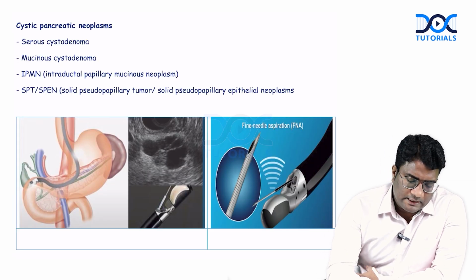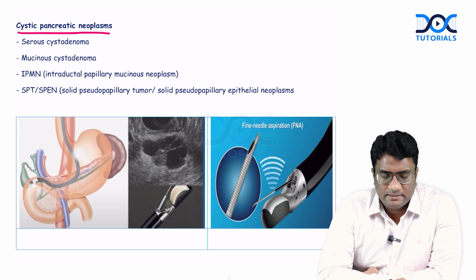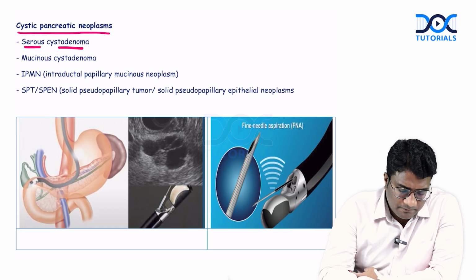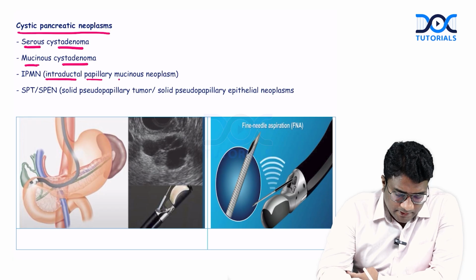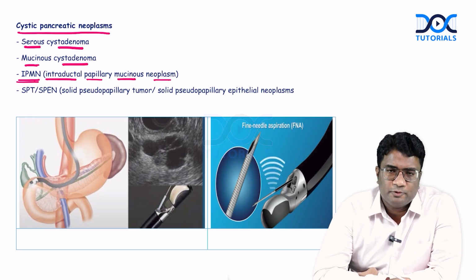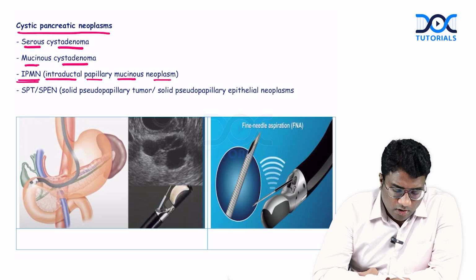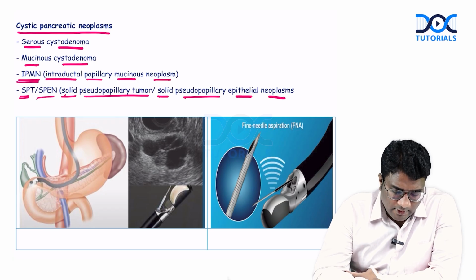Coming to cystic pancreatic neoplasms. These can be serous cystadenoma, mucinous cystadenoma, intraductal papillary mucinous neoplasm, IPMN, or solid pseudopapillary tumor called SPT, or solid pseudopapillary epithelial neoplasm called SPEN.